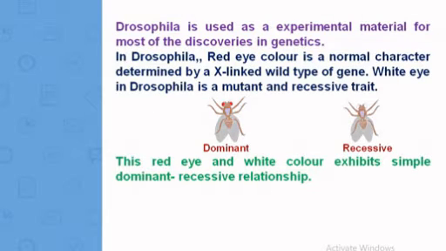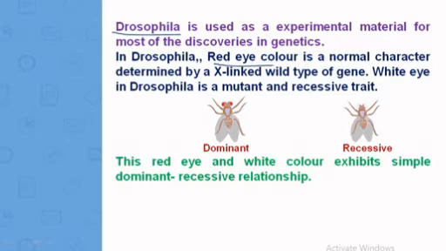Drosophila is most commonly known as the fruit fly. It is used as an experimental material for most of the discoveries in genetics. Here we are going to discuss the concept of multiple allelism in Drosophila, concentrating on eye color. There are commonly two types of Drosophila with respect to eye color.